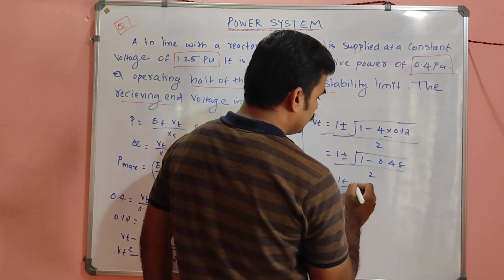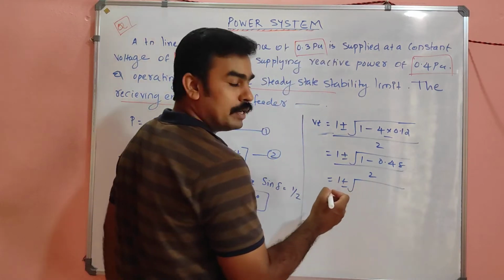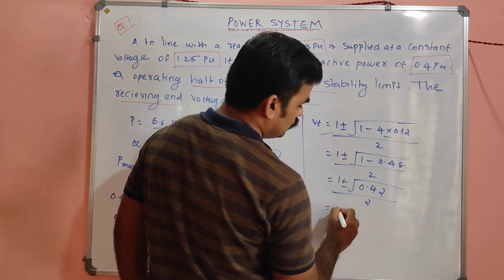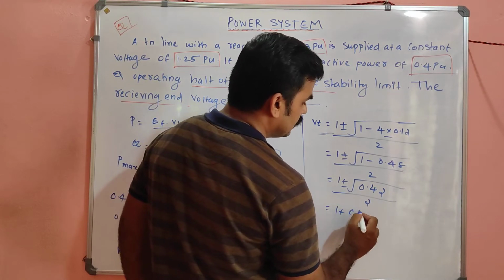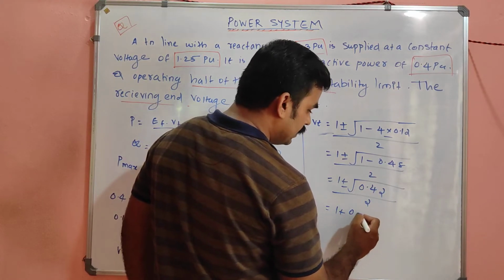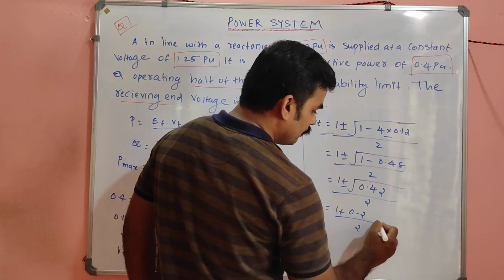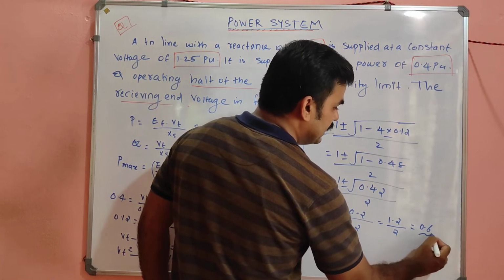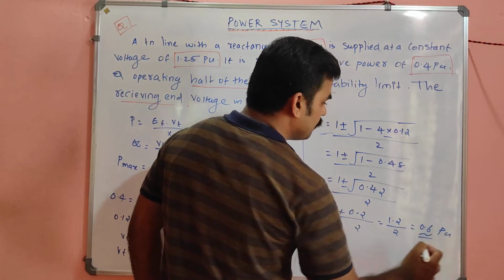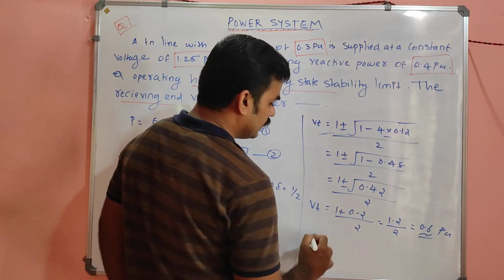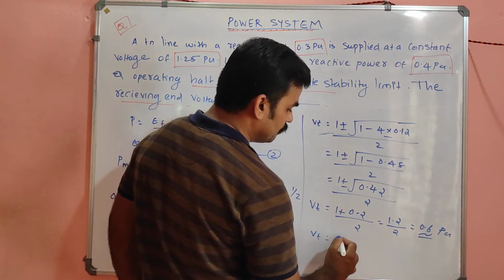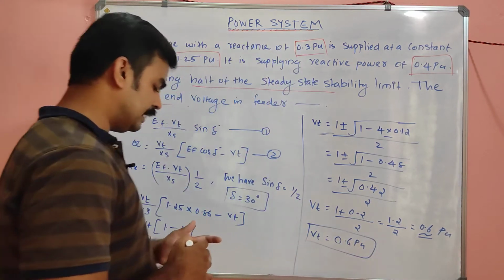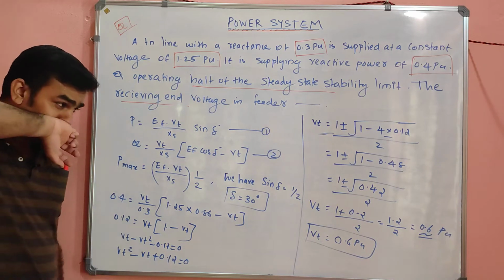That is 1 plus or minus root of 0.52, whole divided by 2. Taking the root as nearly 0.7, 1.2 divided by 2 is 0.6. So VT will be equal to 0.6 per unit. That is the answer.